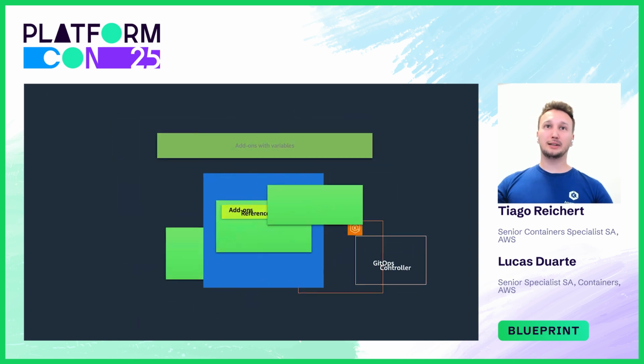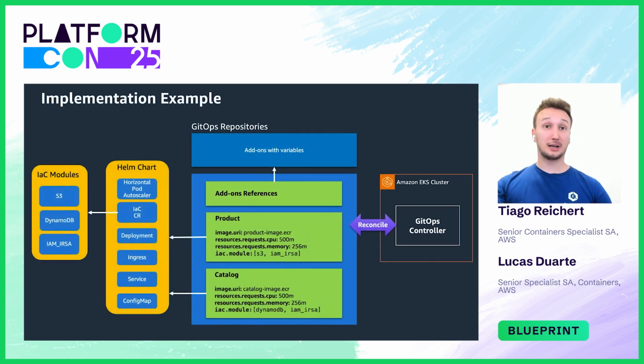And a way to implement that, let's say we will have, for example, here a Git repository for one of our environments. We will have there the add-ons reference. We will be referencing our add-ons in a specific version because you might not have all the clusters running all the time in the same version across your environment. So you still need a versioning for add-ons. We will also have our microservices, for example, the product and catalog microservice.